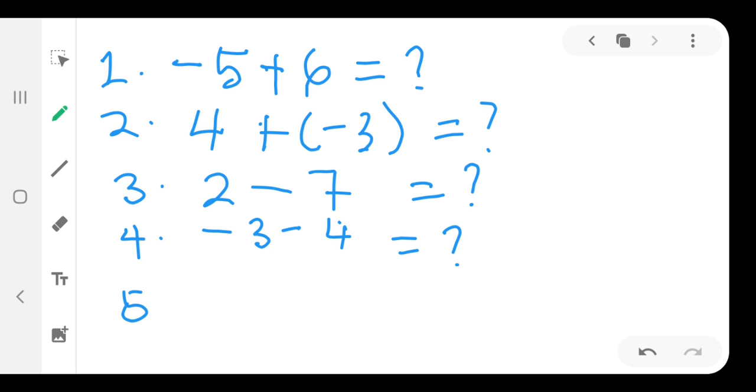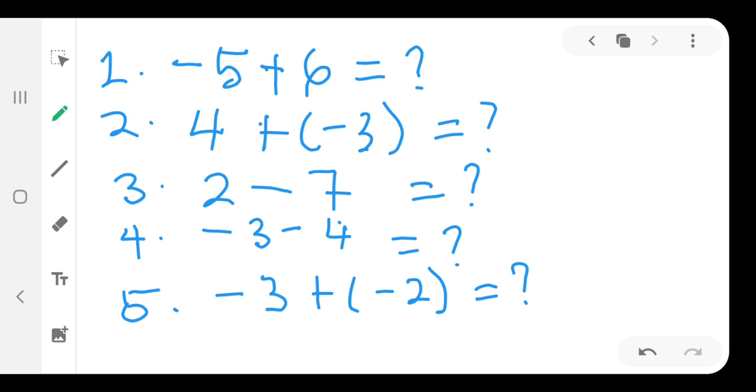And then the last question: negative 3 plus negative 2. We are going to see how to use the number line to work all of these out.